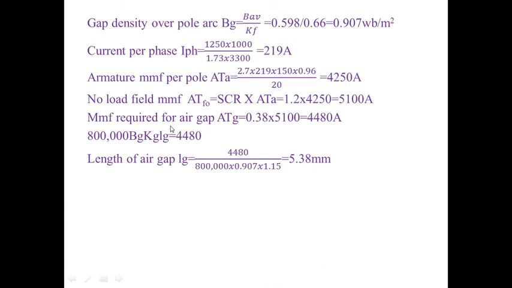From this we can calculate the length of air gap LG as 4480 divided by 800,000 into 0.907 into 1.15, where 0.907 is BG and 1.15 is kg, the gap contraction factor. So you'll be getting 5.38 millimeter as the length of air gap. So this problem is one of the important problems from the examination point of view.